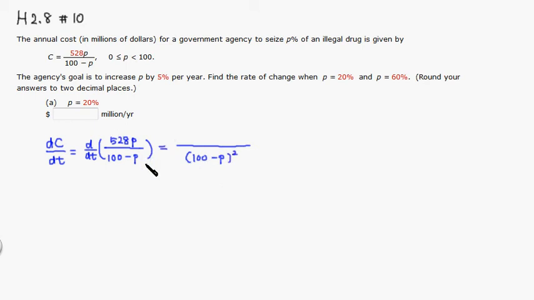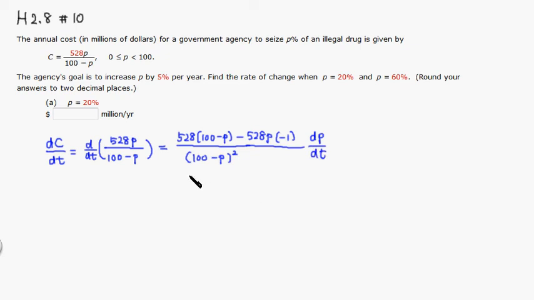Then take the derivative of the top: 528 times the bottom, the quantity 100 minus p, then minus 528p, then multiply by the derivative of the bottom, which is negative 1, but then you have to multiply by dp over dt.